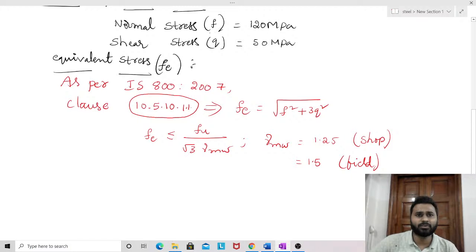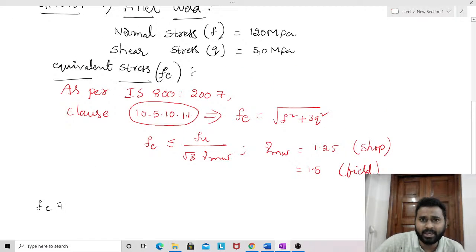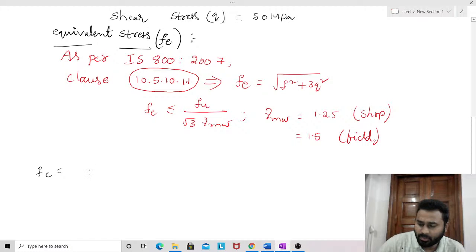In the question, normal stress and shear stress were clearly mentioned, and we are asked to find the equivalent stress. Equivalent stress Fe is equal to the square root of normal stress 120 squared plus 3 into shear stress 50 squared, with stresses of 120 MPa and 50 MPa.